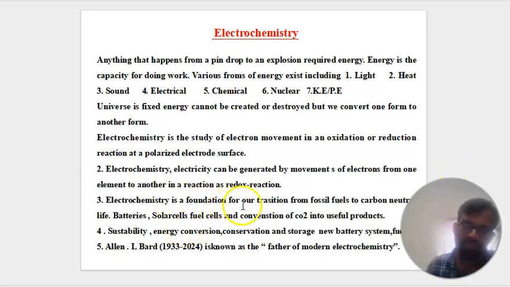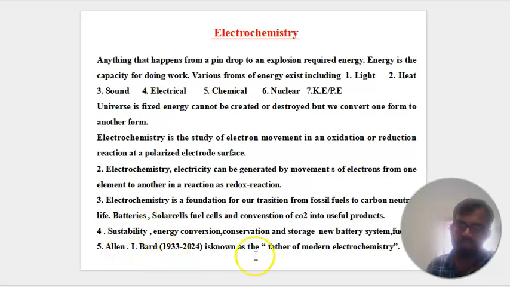So electrochemistry is fundamental to our transition from fossil fuels to a carbon neutral life. Batteries, solar cells, fuel cells, and conversion into products.